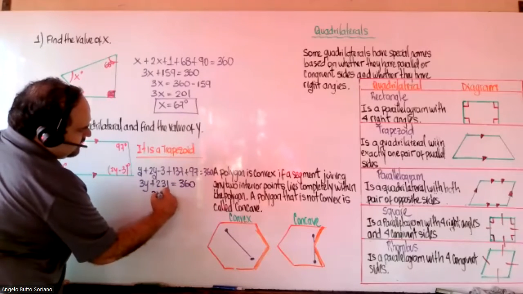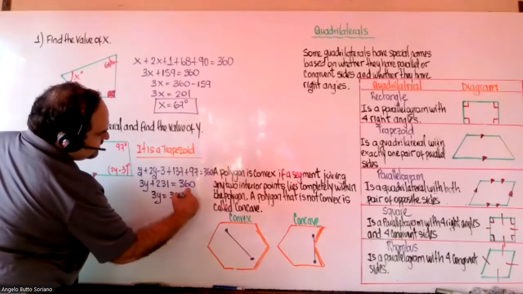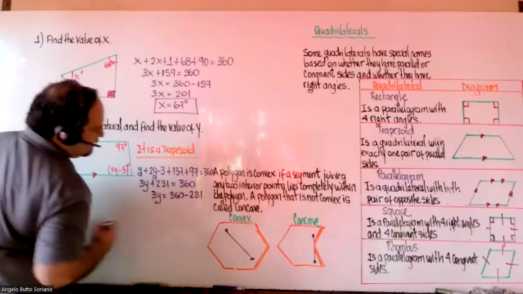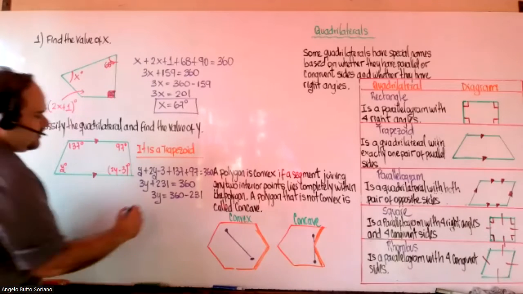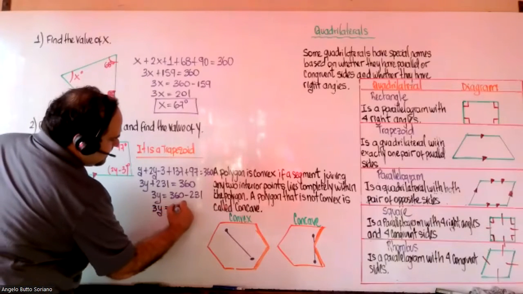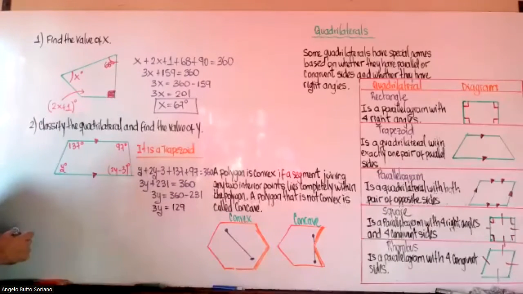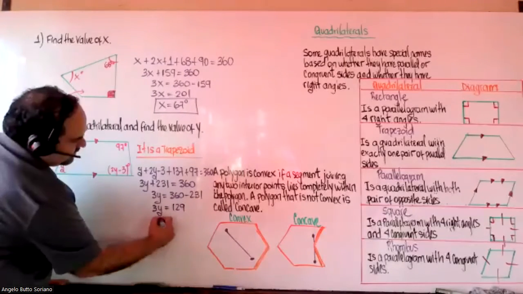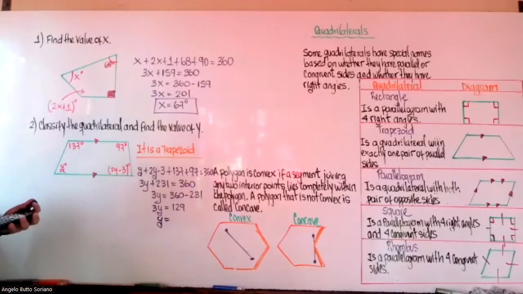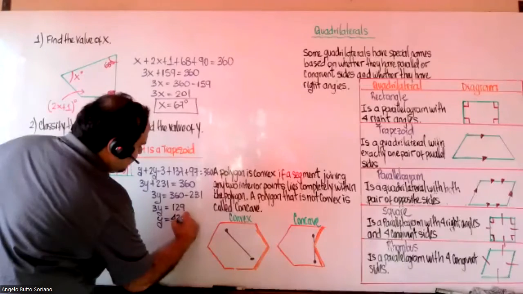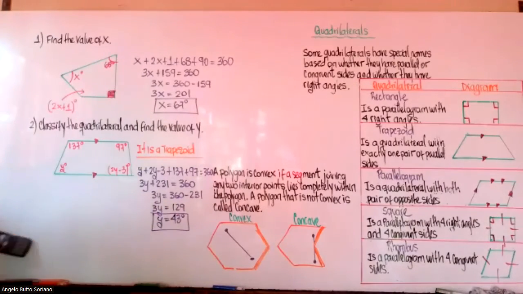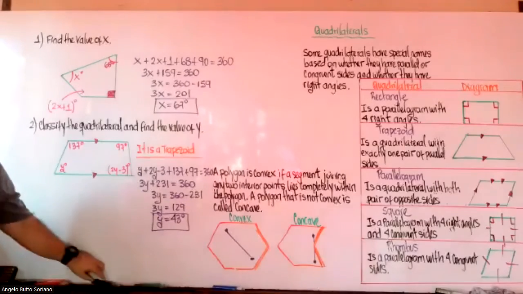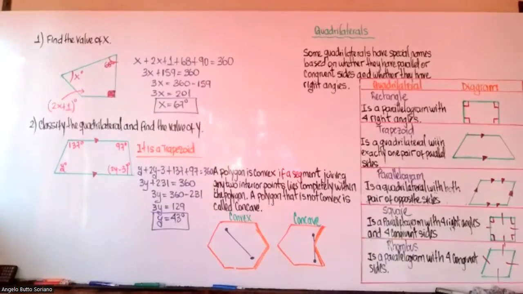So 3y will be equal to 360 minus 231, so that will be equal to 129. Because we're looking for y, this number 3 is multiplying, so it passes to divide. So 129 divided by 3 will be 43 degrees. And this is the solution set of example number 2. Questions?